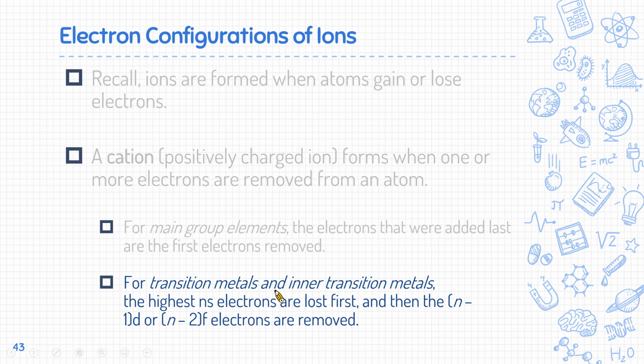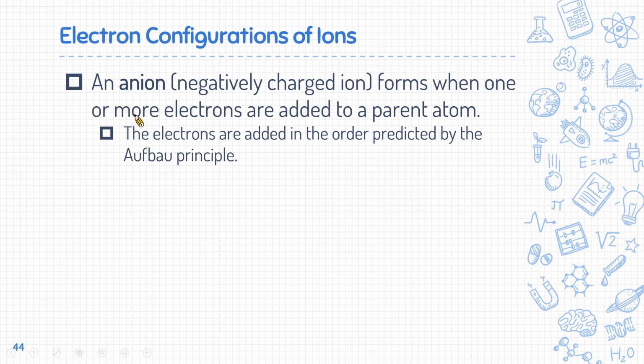For transition metals or inner transition metals, the highest ns electrons are lost first, and then the (n-1)d or (n-2)f electrons are removed. An anion, a negatively charged ion, forms when one or more electrons are added to the parent atom. The electrons are added in the order predicted by the Aufbau principle.